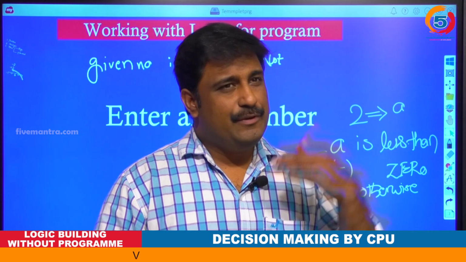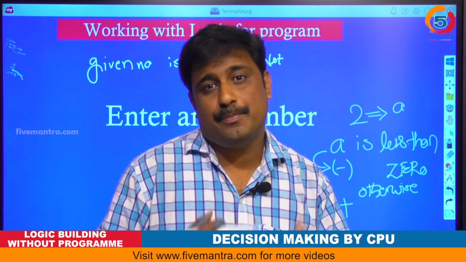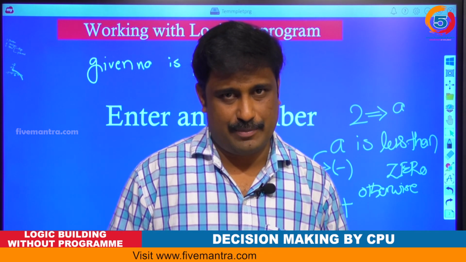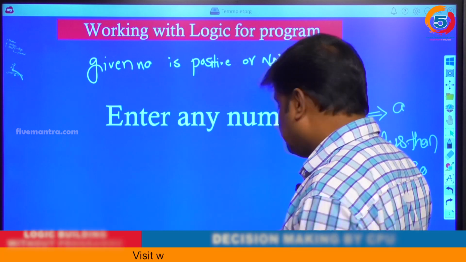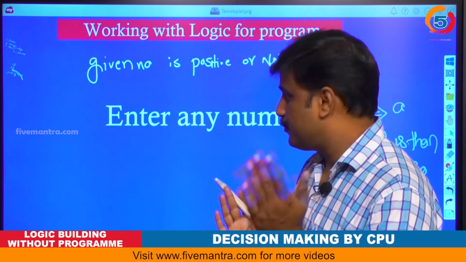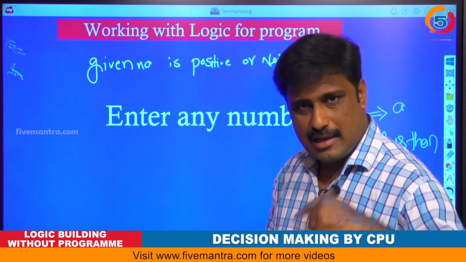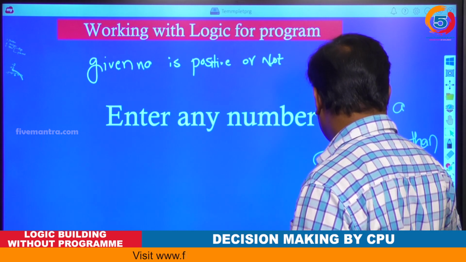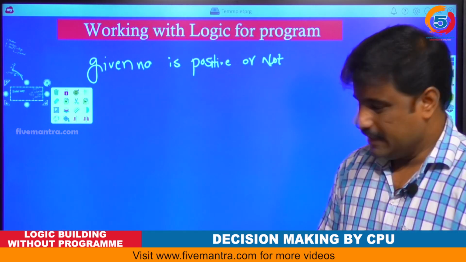Before doing that, which one has to be written first, which one next, that step-by-step process is very important to write a program, right? So how to write, that we'll see. Before doing this, we'll write an algorithm. The total problem will be divided into a step-by-step process, that is the algorithm.